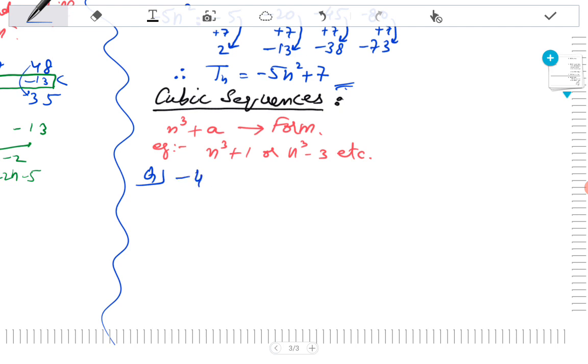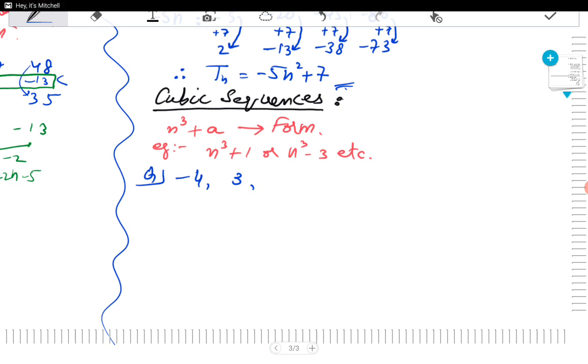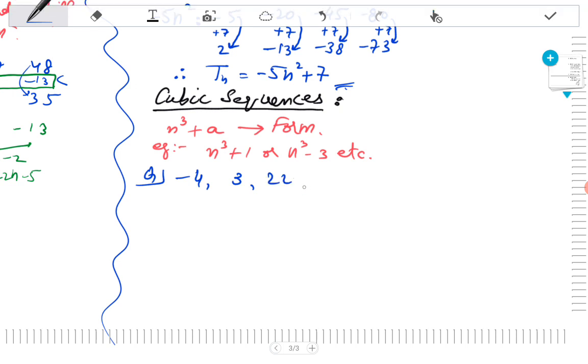Minus 4, 3, 22, 59, 120, and so on. So this is the sequence that we have to find the formula behind.